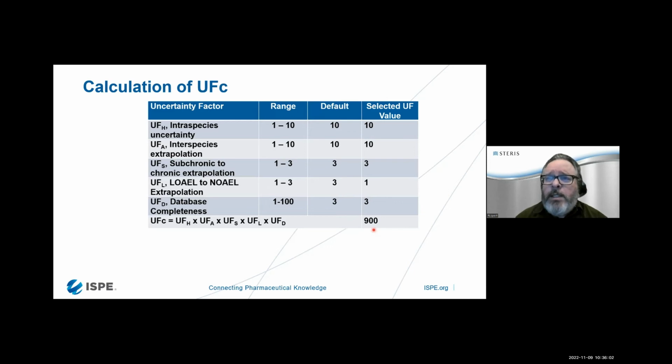And again, the UF values are out of the ISPE risk map for the ADE, and we get a cumulative uncertainty factor. In this case, it's 900. And note that it does have a range specified, a default value, and then the selected value from the toxicologist in assigning that. And again, this is determined by a toxicologist.